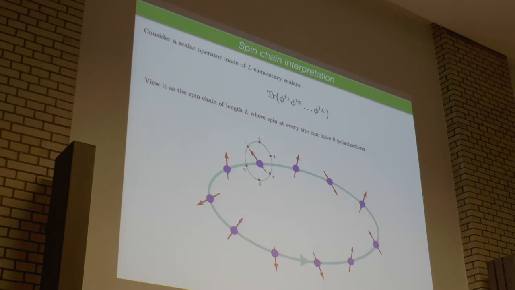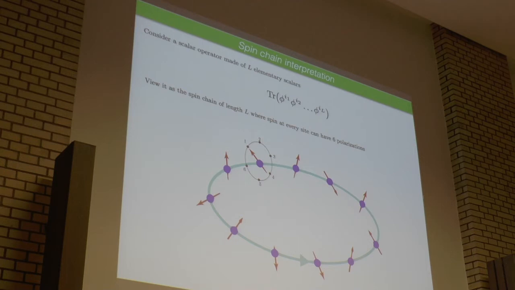The chain is closed because we put these fields under the trace. So such an operator is equivalent to a state of a spin chain. If you pick the indices I1, I2, and so on up to IL to some concrete values, you get one state of this chain.